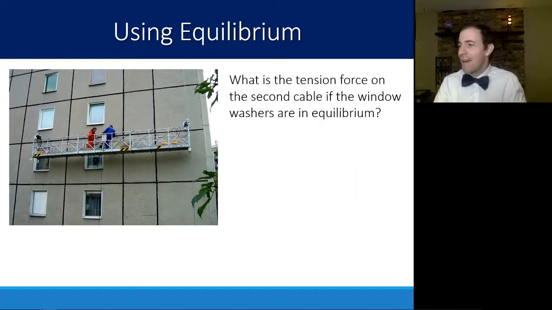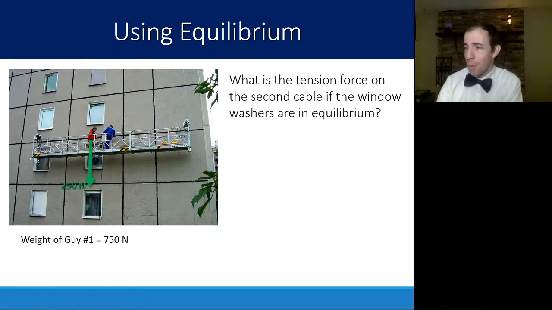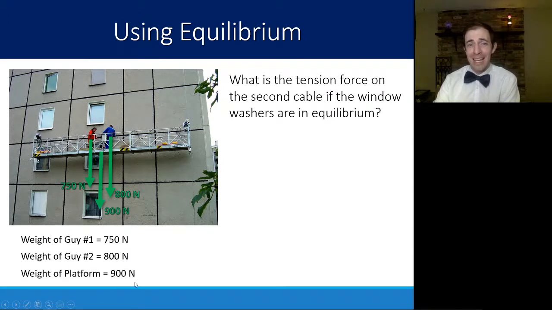So if we have these window washers here standing on a platform, we can determine some things about this platform and the washers themselves. So here we have 750 newtons from the weight of guy 1. Weight of guy 2 is 800 newtons. And the weight of the platform is 900 newtons. All of that is pulling down. Now this platform stays up because there are 2 cables here.